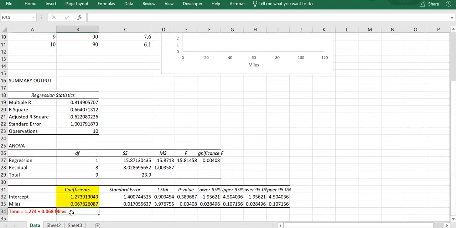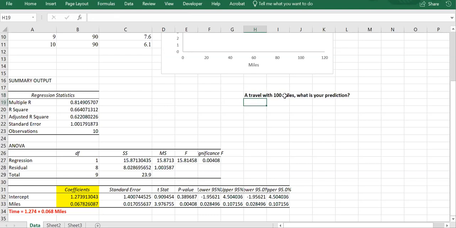Now, this is the equation. If I ask you to make a prediction for a travel of 100 miles, what would be your prediction? That's the first thing that you need to be able to do, making a prediction using this line.